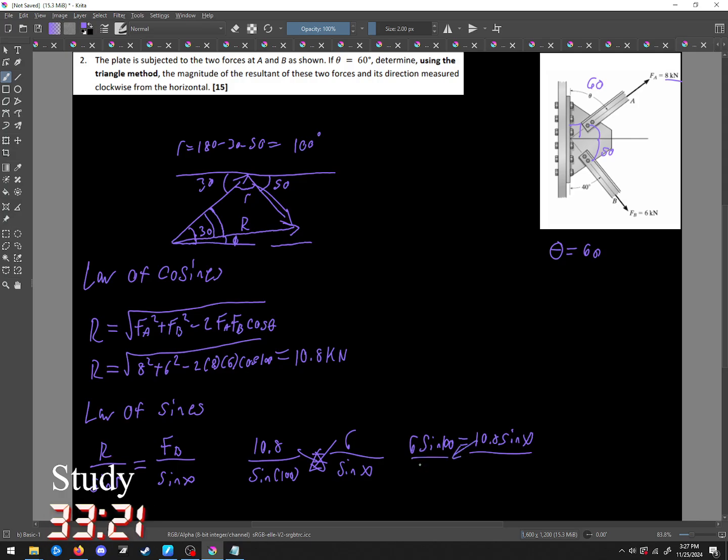So now we divide both sides by 10.8, and then the inverse sine of this angle is going to be equal to 6 sine 100 over 10.8, meaning that this angle is going to be equal to, we're getting 33.16.